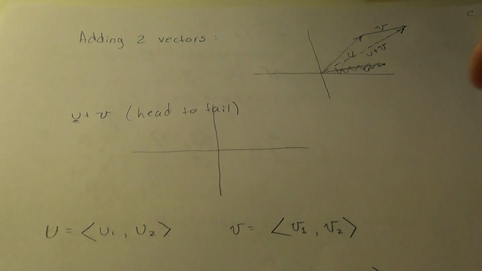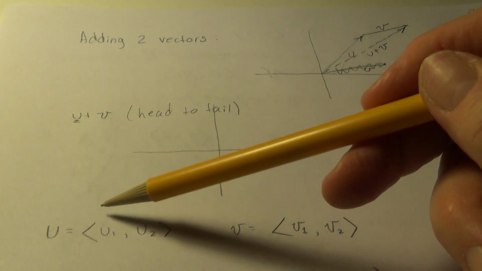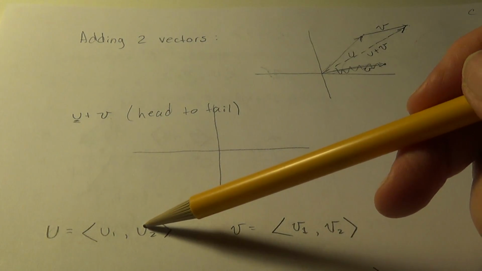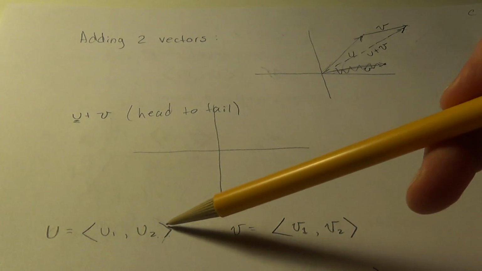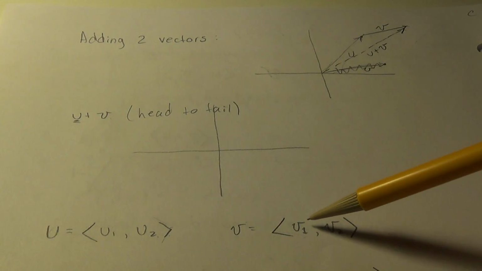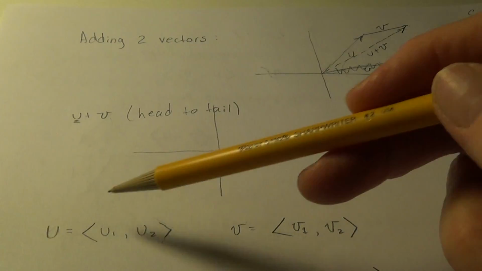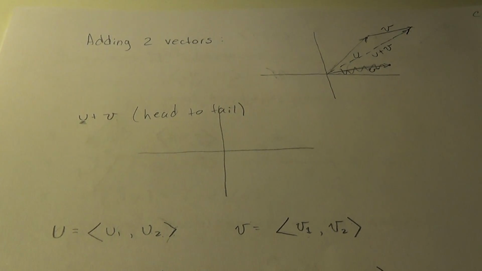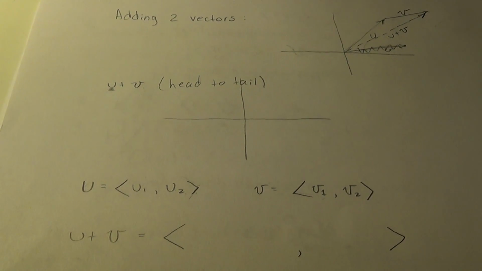If we don't have a picture of the vectors, we have a vector u, and its x component is u1, its y component is u2. You can tell these are components because they're in the pointy parentheses. And here, say we have another vector, its components are v1, v2. So these components totally define the vectors. How would we add them with math instead of with a graph?